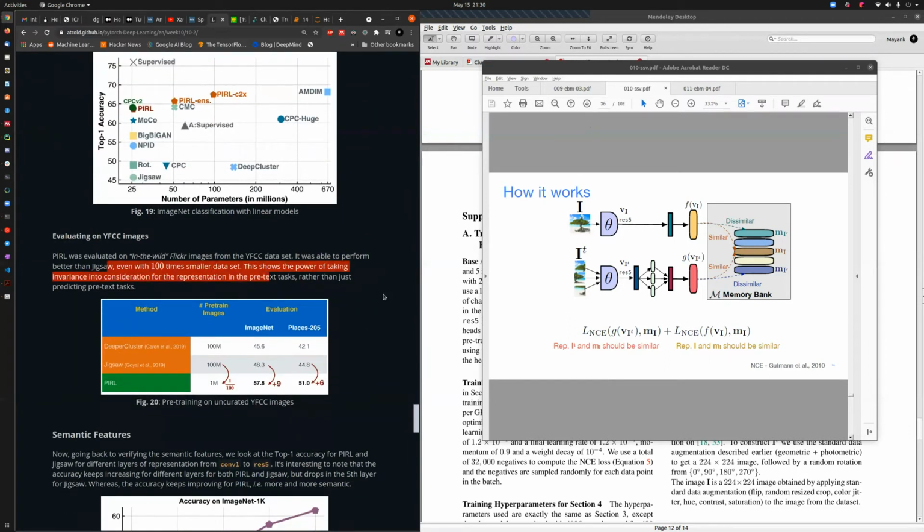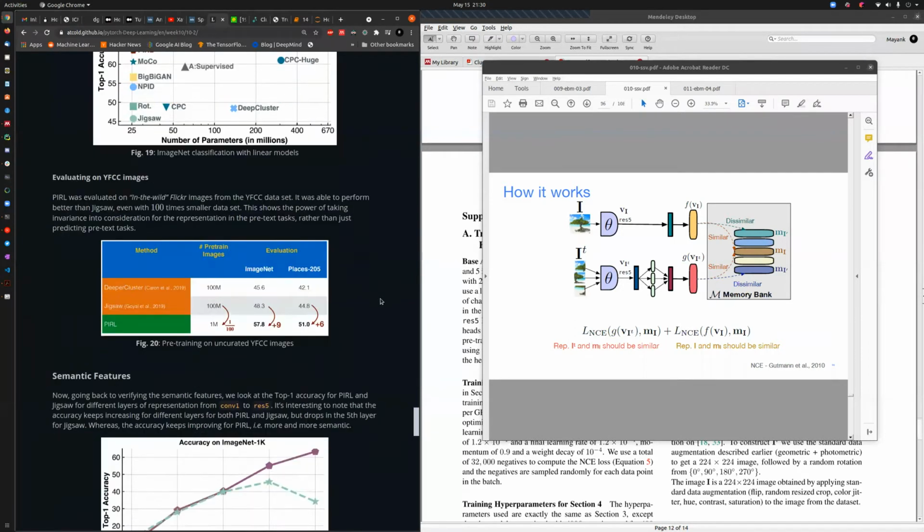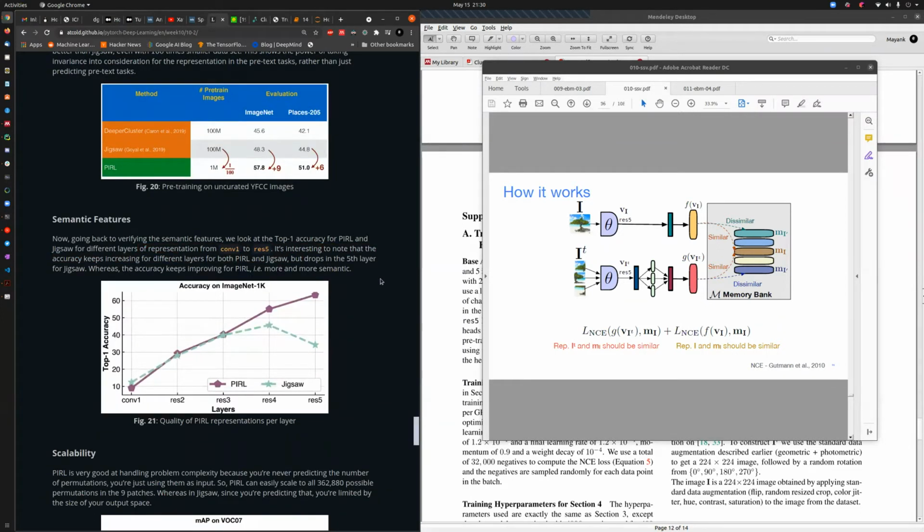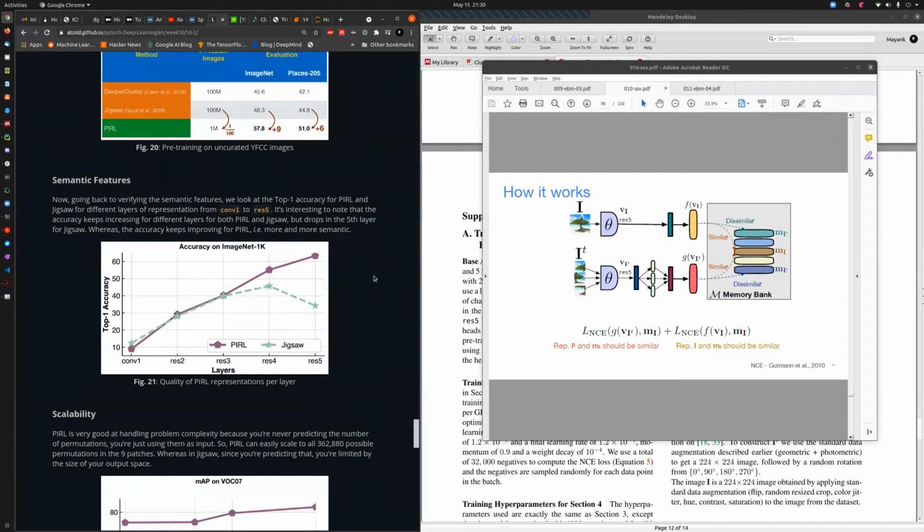Then in the wild, evaluation of the YFCC images, semantic features. This is with respect to the features at each layer. They kept increasing for the different layers of both PIRL and Jigsaw, but dropped at the fifth layer for Jigsaw.